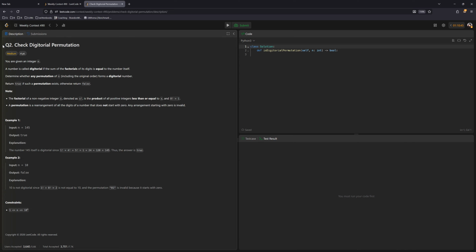Return true if such a permutation exists. Otherwise, return false. So it's basically like integer partitioning, right? But there's at most 9 digits, so there's at most 1,024 different combinations. I wonder if I should just brute force it.